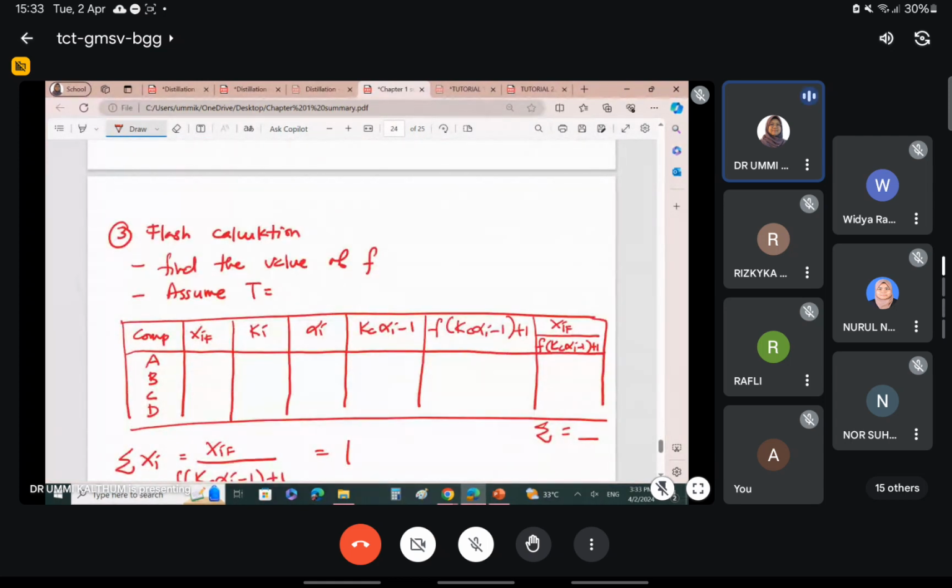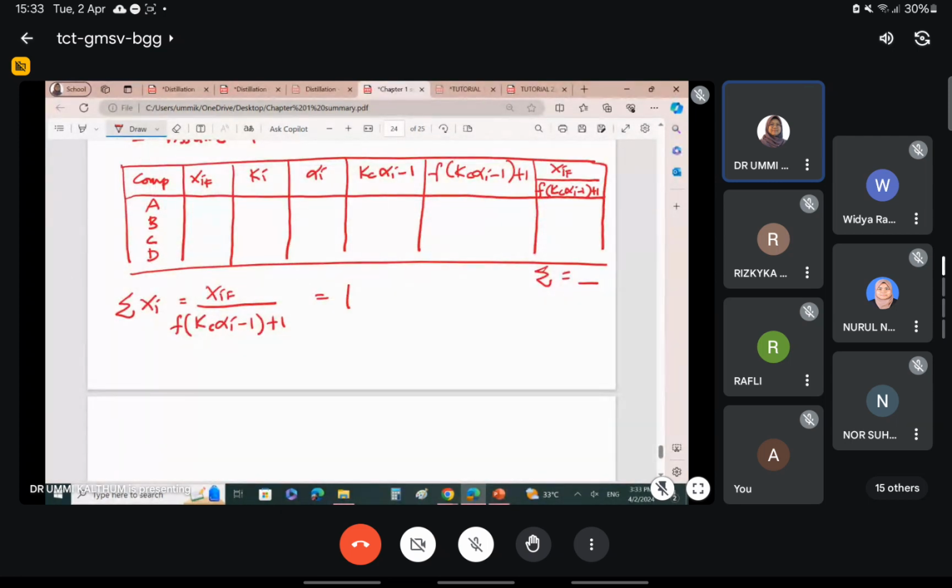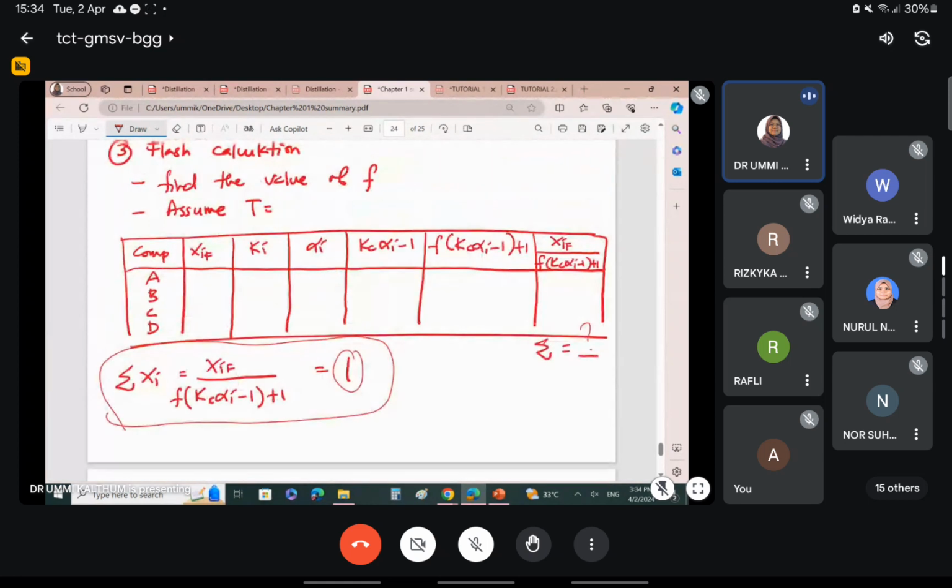Okay, so this one is for flash. Okay, flash using the equation. Jadi summation of xi ni mesti sama dengan 1. Selagi tak sama dengan 1, you kena repeat the calculation. Trial and error. So kena assume T juga. Okay, the xif is given. xif is the mole fraction in the feed. Okay, Ki value find from figure 11.7-2. And then cari alpha i, Ki over Kc.